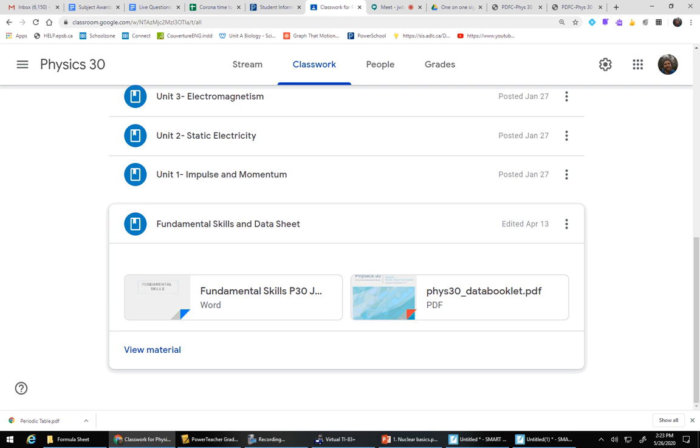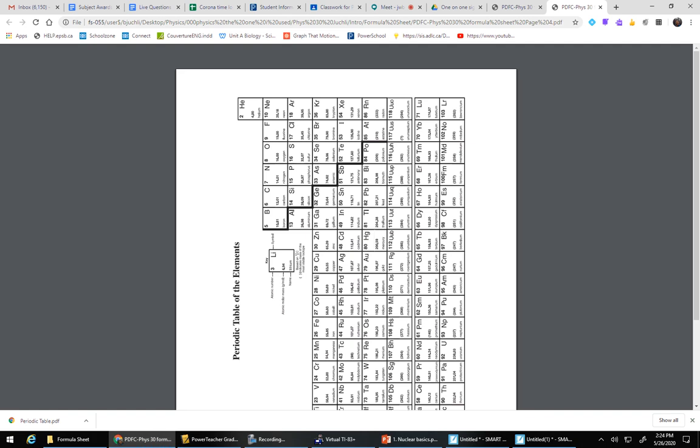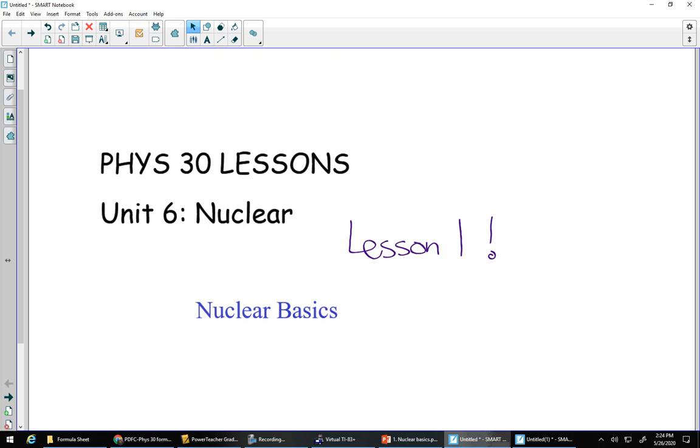You click on that data booklet, it will have everything that you need, including this periodic table. That being said, you can use your chemistry periodic table as well. That will work. I typically, through the regular year, encourage students to use the physics one because that's what you get in a diploma, but the chemistry one does work.